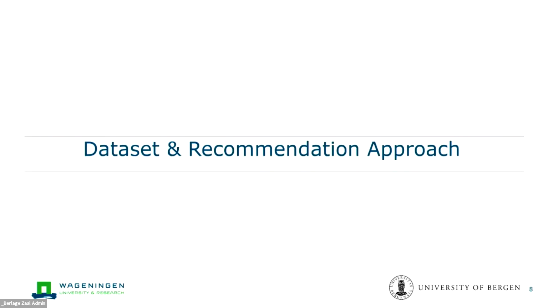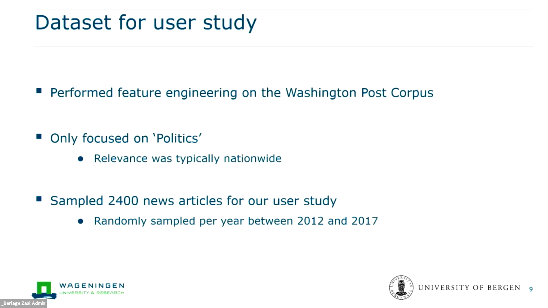So for our study, we performed an online user study. We took a data set from the Washington Post corpus. So that's news articles from the Washington Post, and we focused on articles that were categorized as politics, because they had more nationwide recognition.